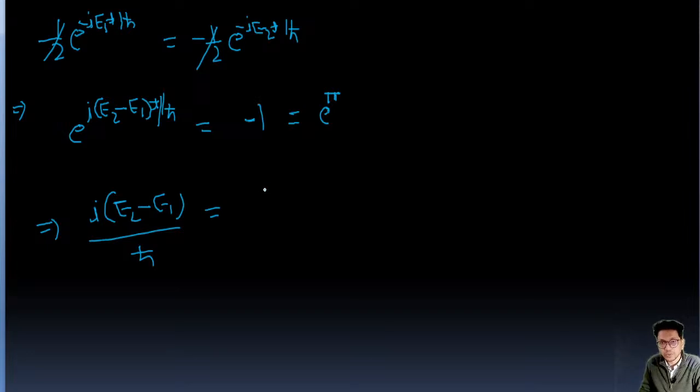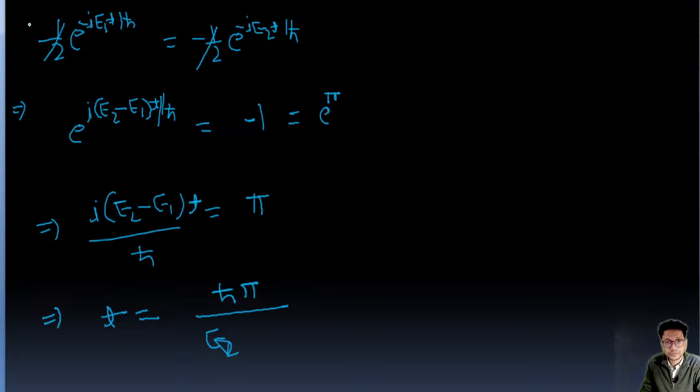So it is going to be pi, right? So implies the value of t we can find out from here, right? So value of t is going to be h cut pi upon E2 minus E1. Okay, this is the answer, guys.